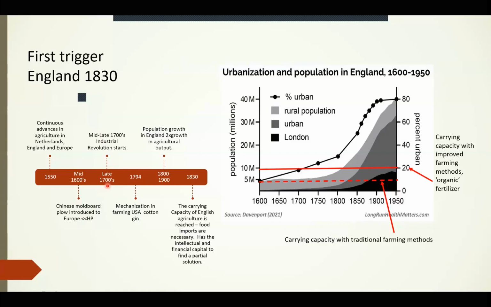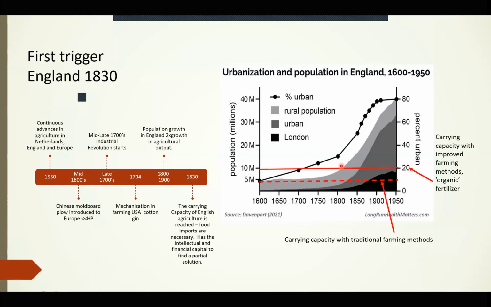And then what happens in England is from about 1800, the population just starts growing exponentially, and it outstrips the agricultural production. The population growth is about twice the increase in agricultural production. By 1830, England can no longer feed its population.